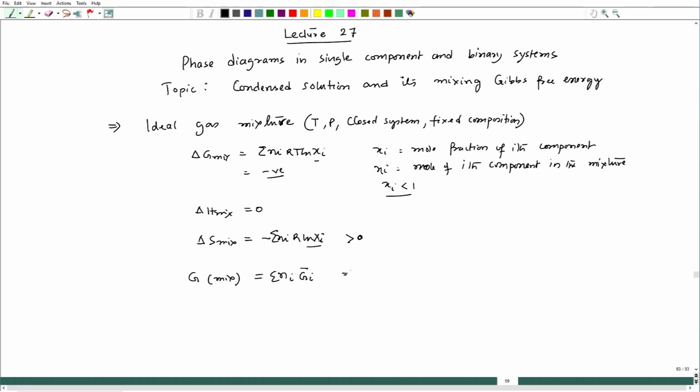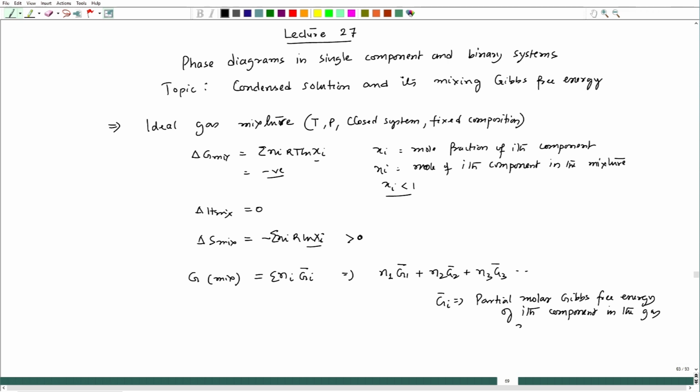If we extend it, we can write it as N1 G1 bar plus N2 G2 bar plus N3 G3 bar, like this, where Gi bar is nothing but the partial molar Gibbs free energy of the ith component in the gas mixture.